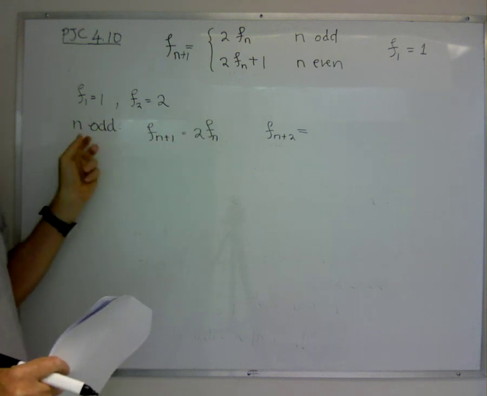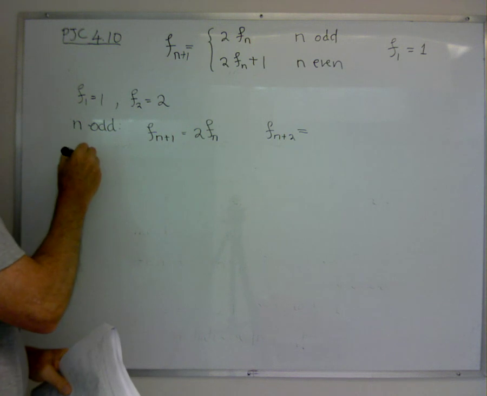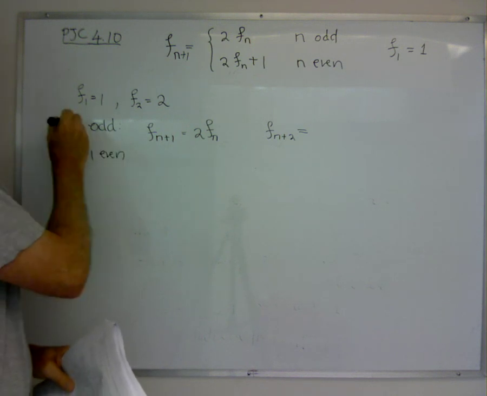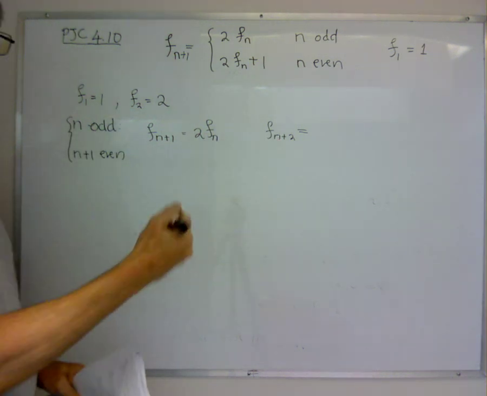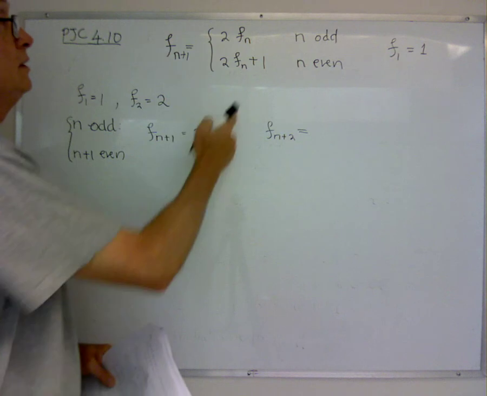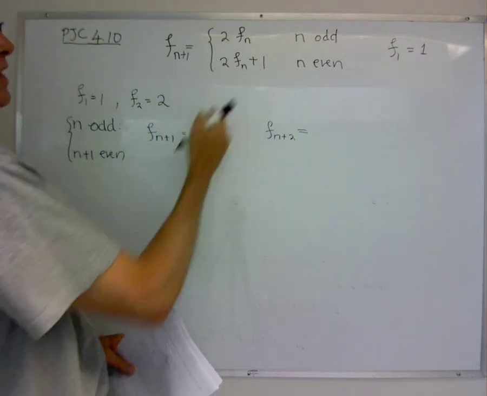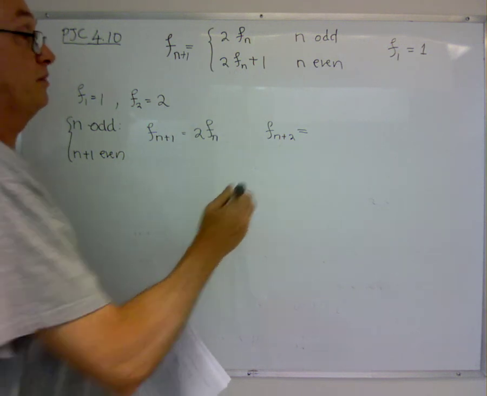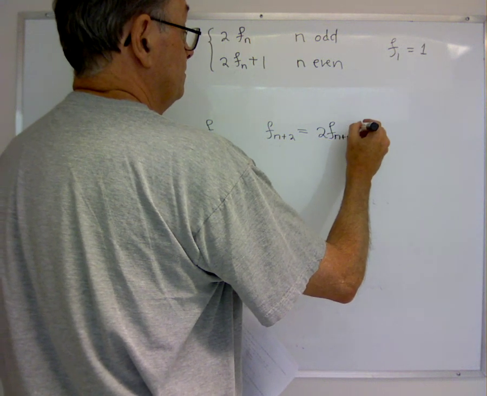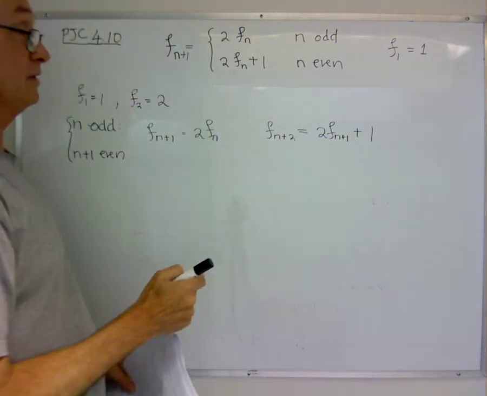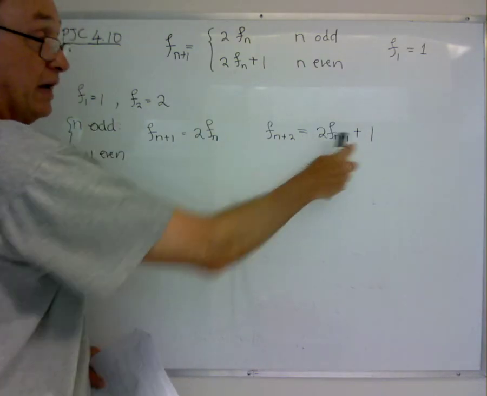If n is odd, then n plus 1 is even, right? In this case, this of course is f of n plus 1, and so this is n plus 1, and n plus 1 is even, so this is the formula that is operational here. So n is odd, so n plus 1 is even. This is even, so you multiply by 2 and you add 1.